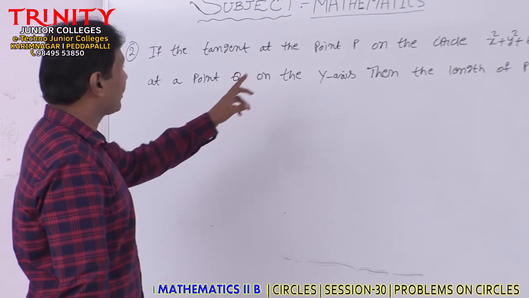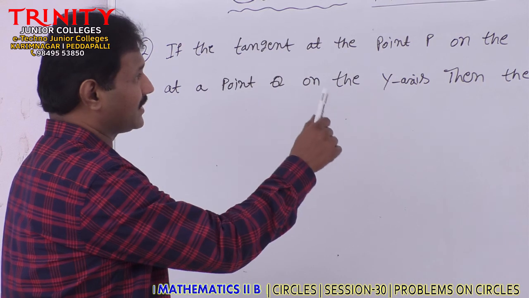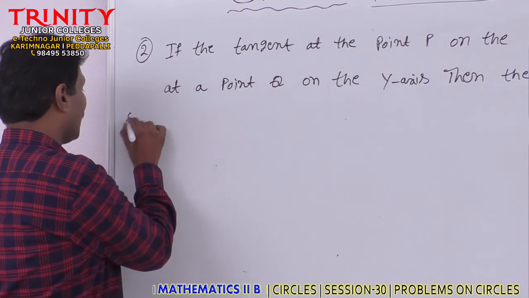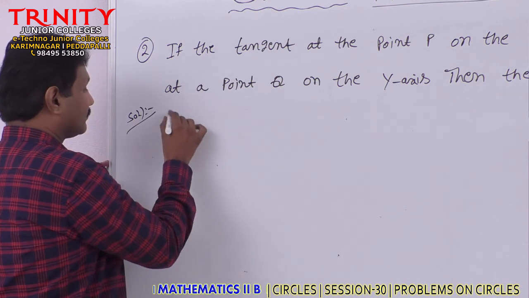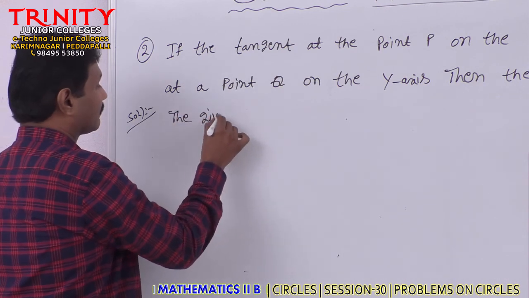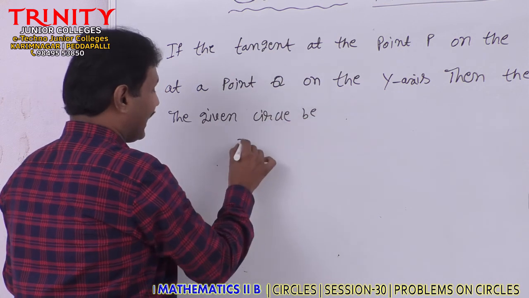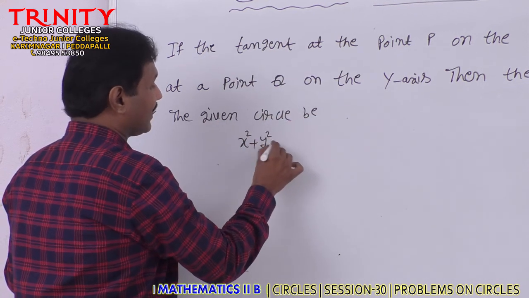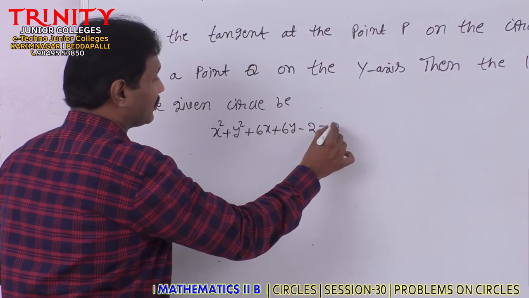Solution. The given circle is x square plus y square plus 6x plus 6y minus 2 equals 0.